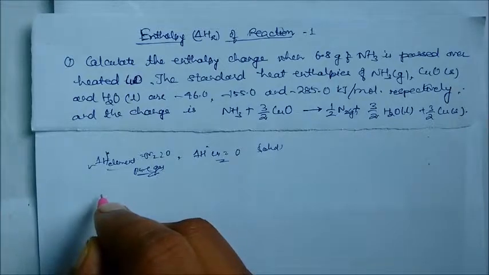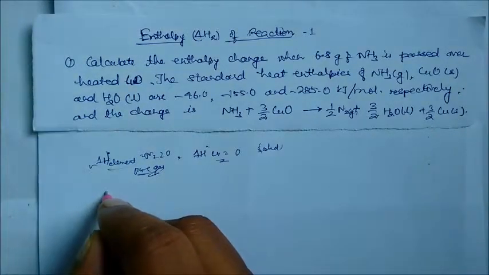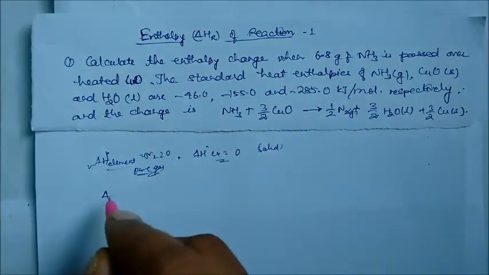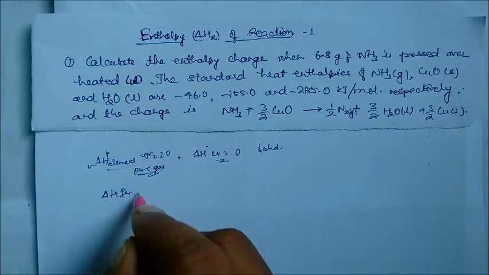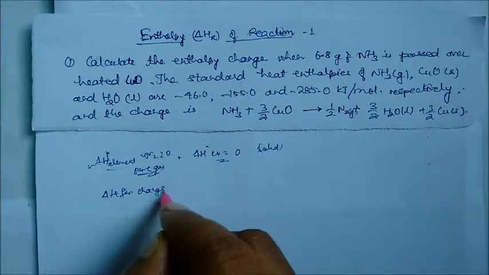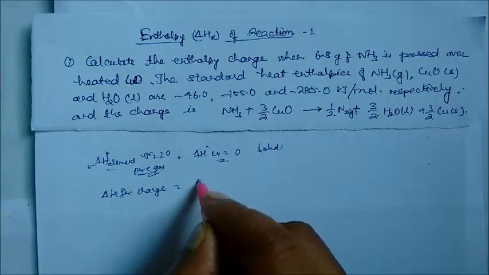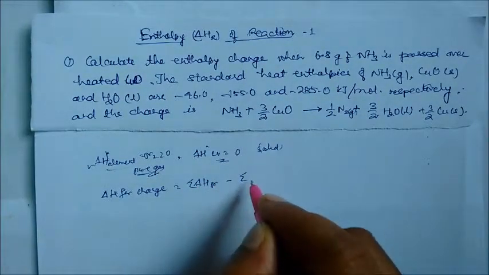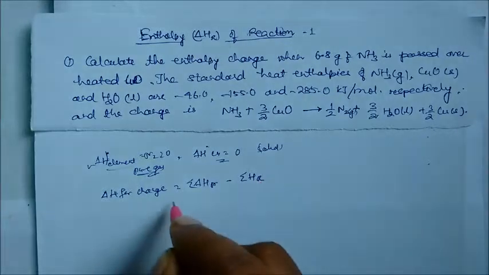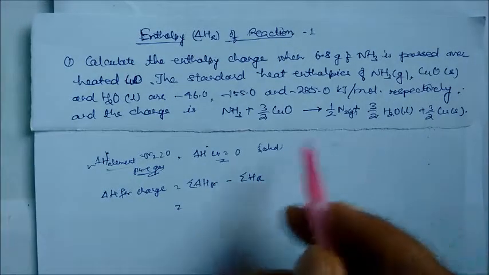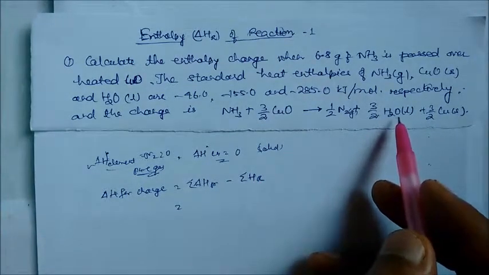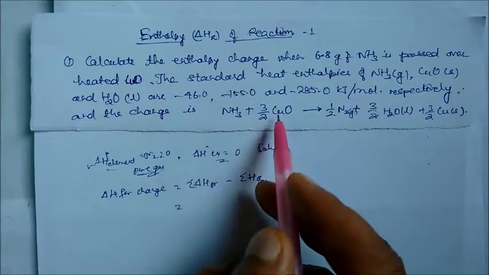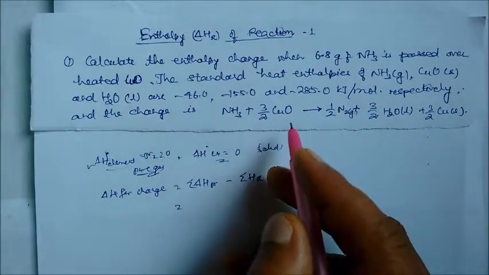So what is the formula? The enthalpy change is equal to the summation of delta H of products minus the summation of delta H of reactants. The product here is water, and the reactants are ammonia plus cupric oxide.